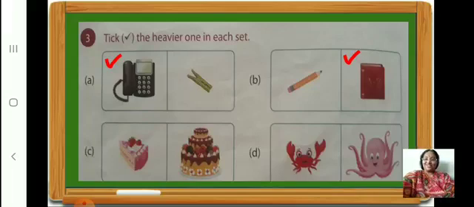Now in question C, we have a pastry and a cake. So cake is heavier, so let us put a tick on cake. Question D, a crab and an octopus. Which one is heavier? Yes, octopus is heavier. So let us put a tick on octopus.